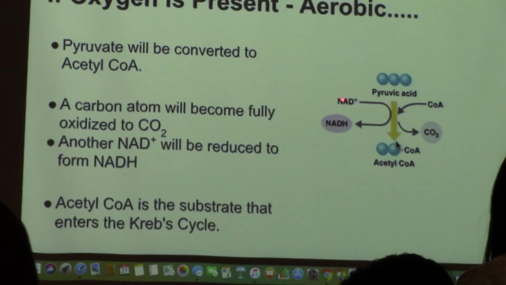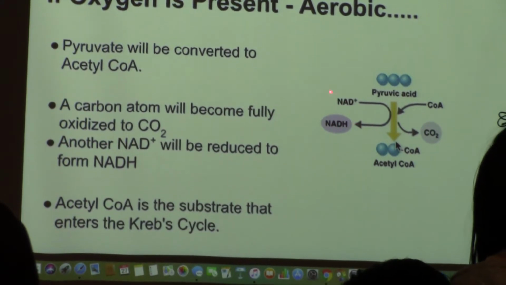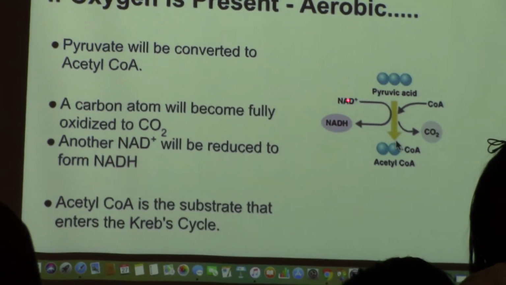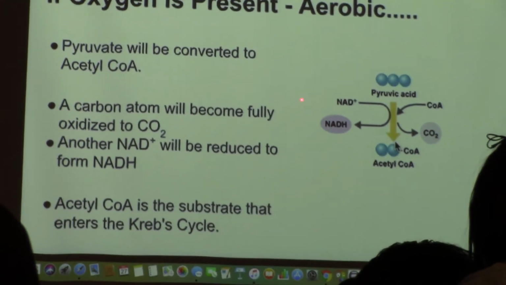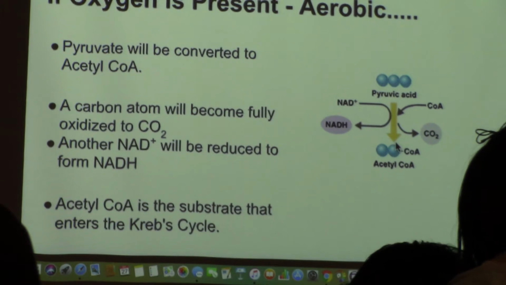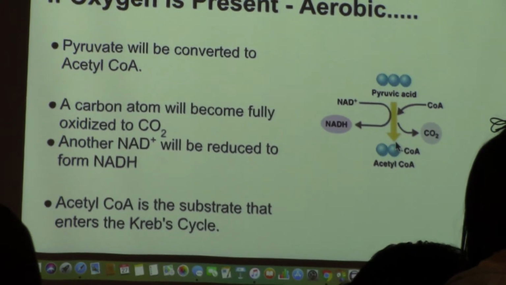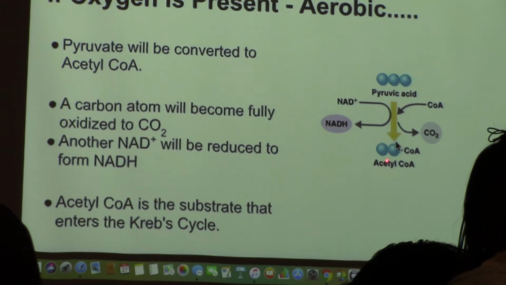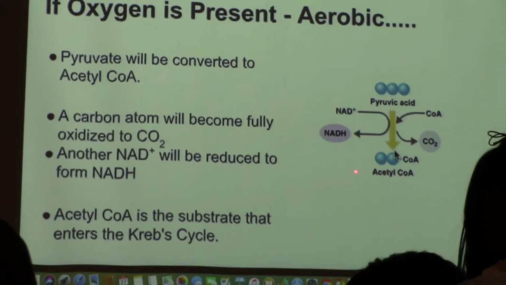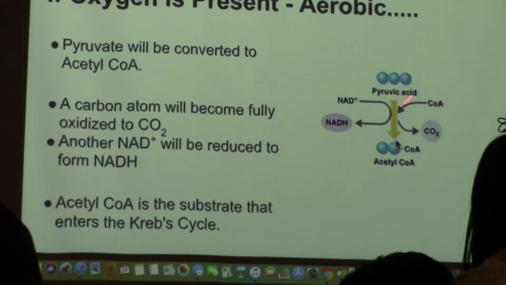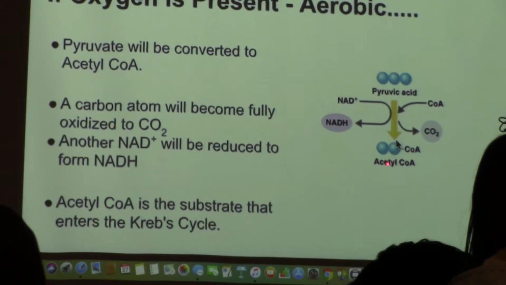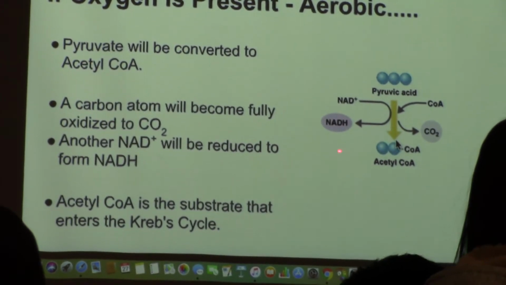Another molecule of NAD is becoming NADH. So is this molecule being reduced or oxidized? NAD plus is gaining a hydrogen, which means in biology it's gaining electrons, right? So it's being reduced, which means that pyruvic acid must be oxidized. If NAD plus is being reduced, then the pyruvic acid must be oxidized.